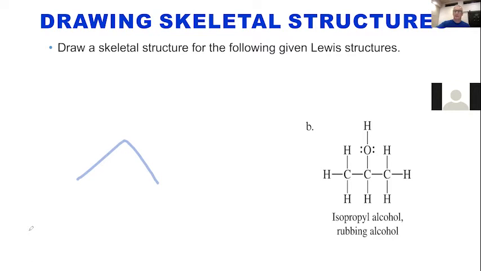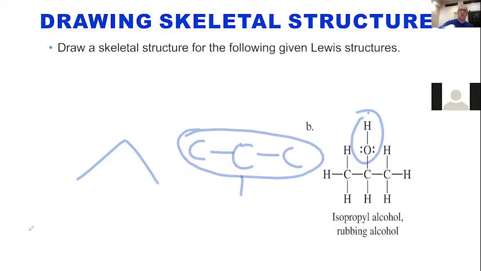But this has a substitution on the second carbon. So an isopropyl group is basically a carbon that's also attached to two others, like this. This would be an isopropyl group attached to a longer chain. So this is also called isopropyl because it looks like that, but it has the substitution on it.